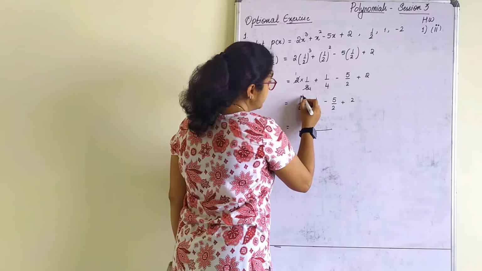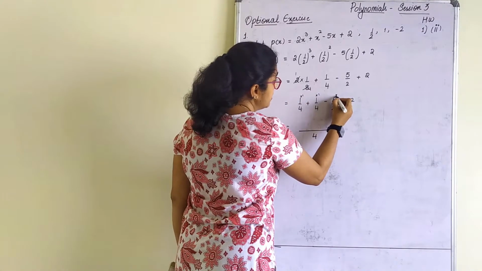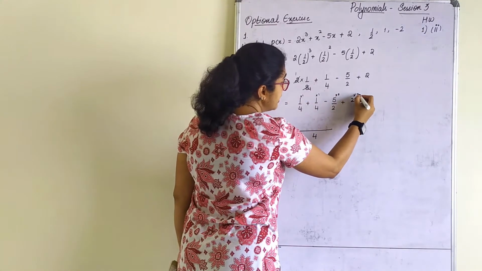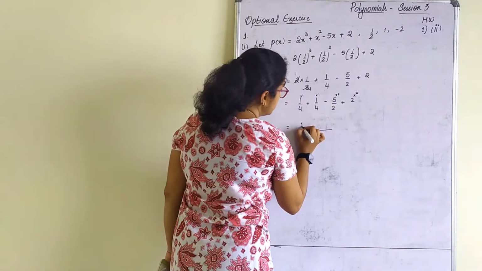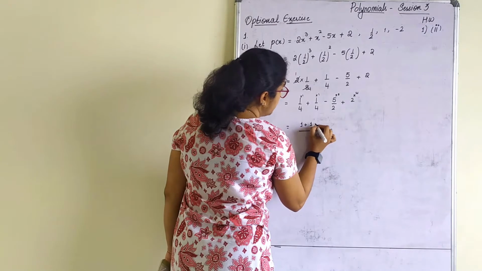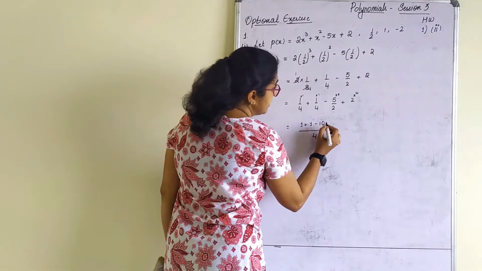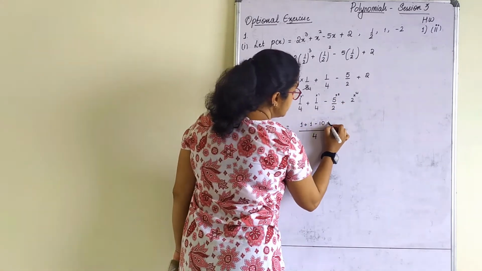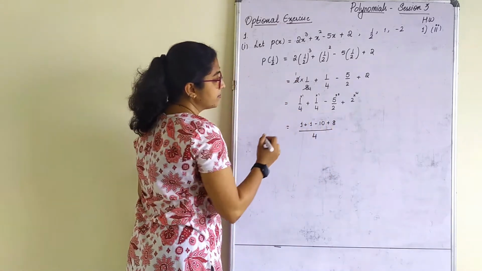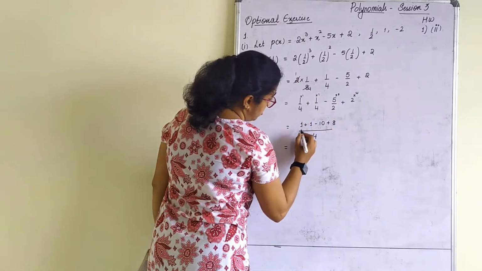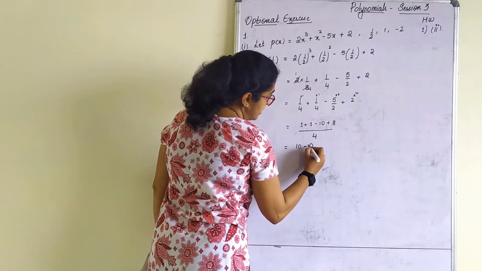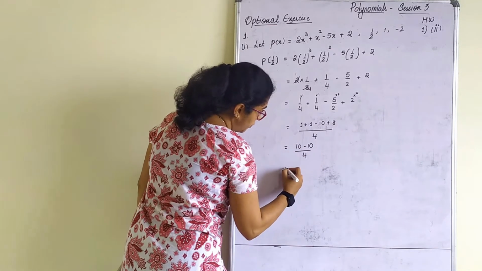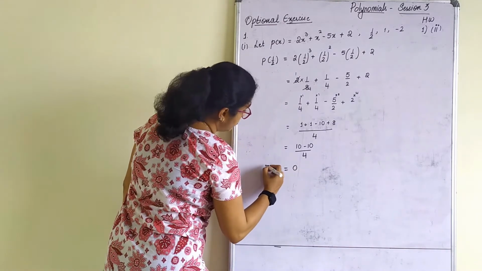So here it is 1 plus 1 minus 10, 4 twos are plus 8. So 8, 9, 10. 10 minus 10 divided by 4 is equal to 0.